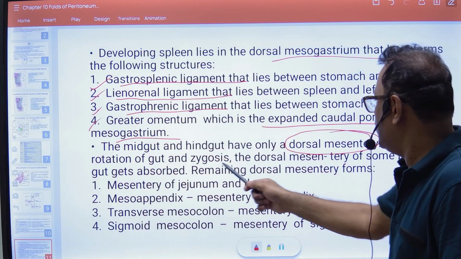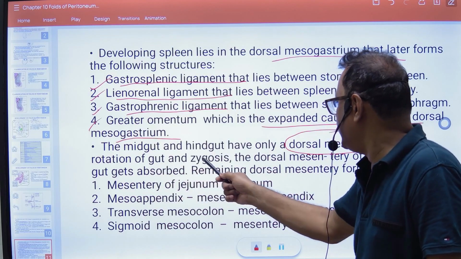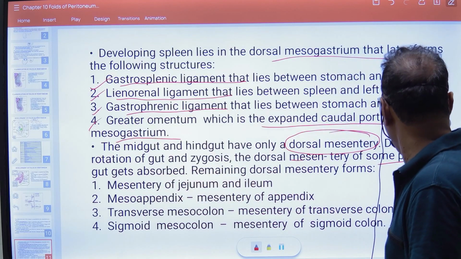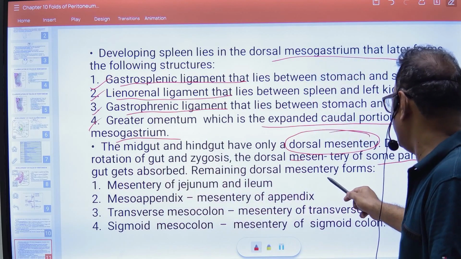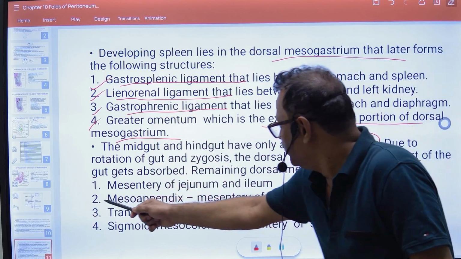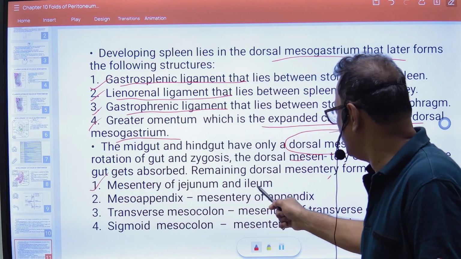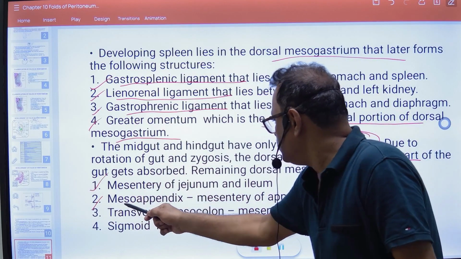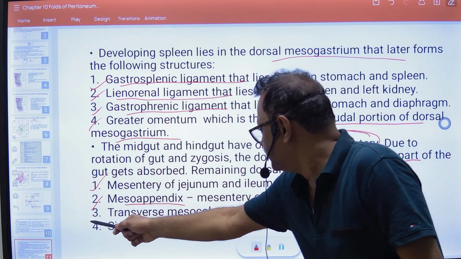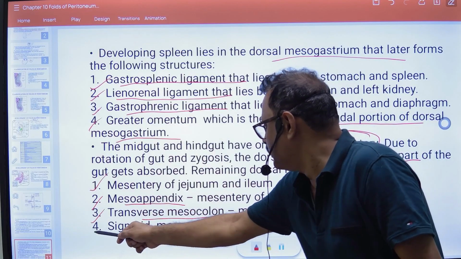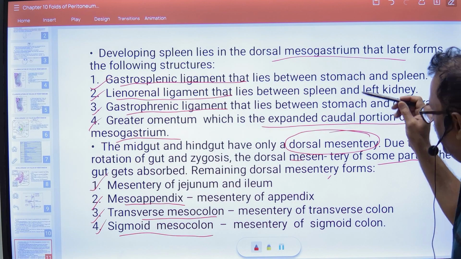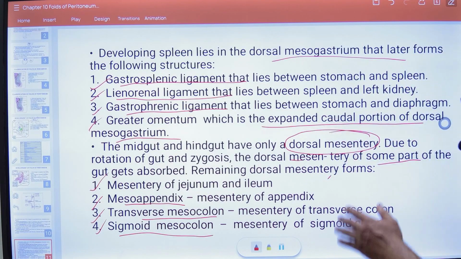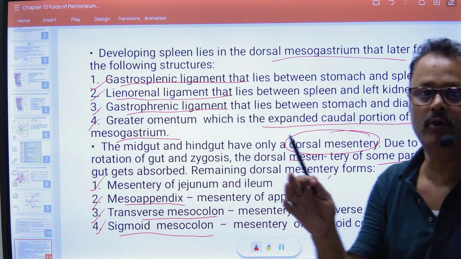Due to the rotation of the gut and zygosis, the dorsal mesogastrium of some parts of the gut also gets absorbed. The remaining dorsal mesogastrium forms the mesentery of the jejunum and the ileum, the mesoappendix, the transverse mesocolon, and the sigmoid mesocolon. In the foregut region, we have both the dorsal and the ventral mesogastrium.